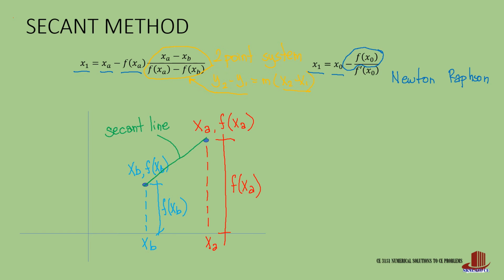So take our slope, which you already know as rise all over run. The rise for this case would be taken as f of x sub a minus f of x sub b.